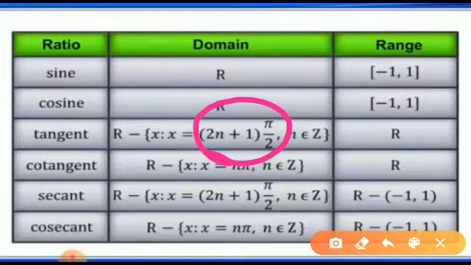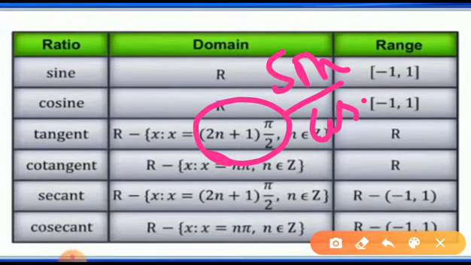Do you remember? What is tan pi by 2? Tan 90 is what? Tan 90 we cannot define since it is sine by cos, and cos is not defined at 90 degrees. Hence for tangent to be defined, the domain should be R minus odd multiples of pi by 2.